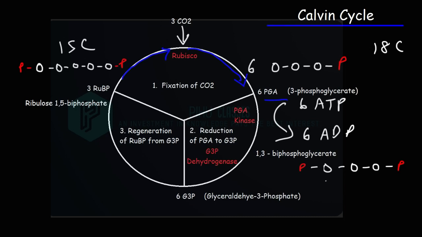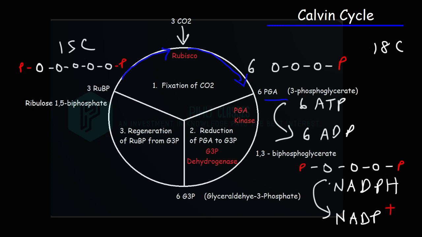Now, in the next step, we are going to use NADPH. We're going to use this molecule to reduce 1,3-biphosphoglycerate into G3P, glyceraldehyde 3-phosphate. So NADPH is going to convert into NADP+.